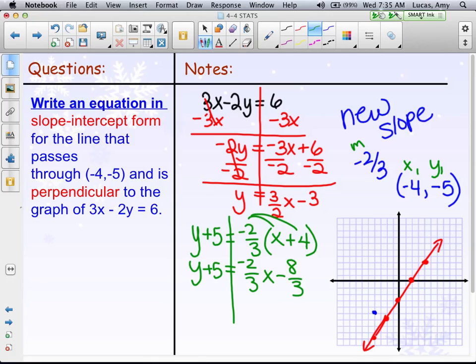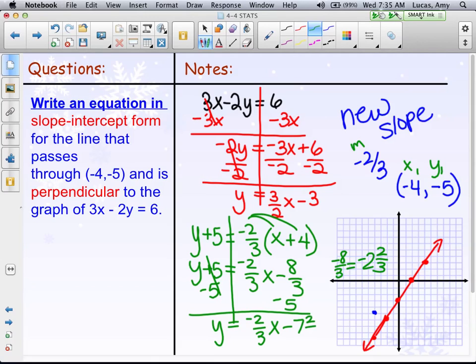Remember that our -8/3 is -2 2/3. So when I subtract 5, I will get -2/3 x minus 7 2/3. So my intercept is starting out at -7 2/3.